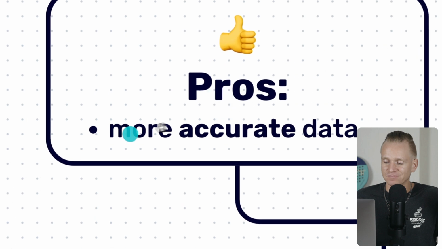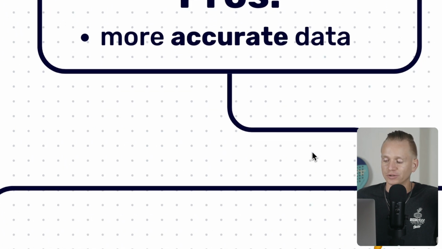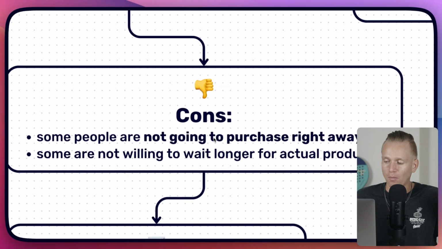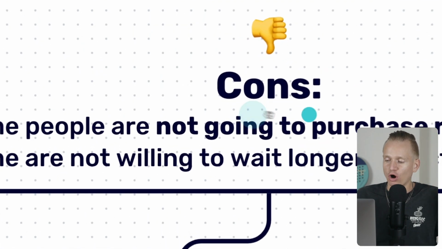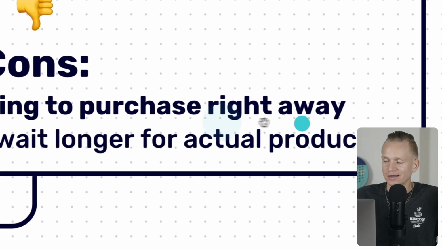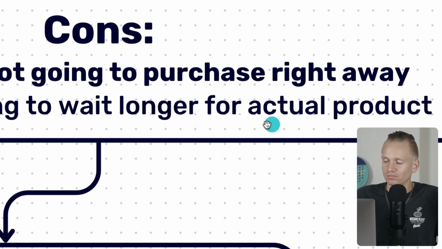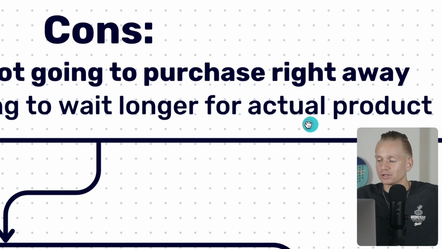The pros here is that it's just more accurate data because people are actually opening their wallets and giving you money. And of course, there are some cons here because some people are not going to purchase right away, and some people are just not willing to wait for the period of time until the product is actually created.